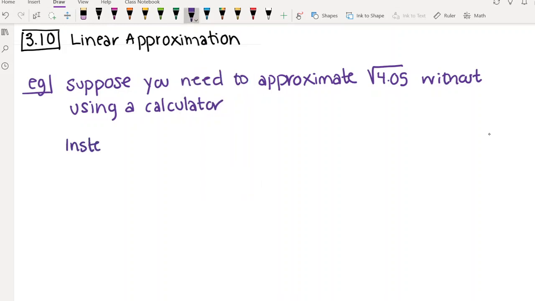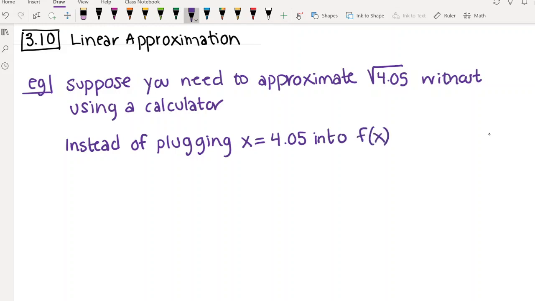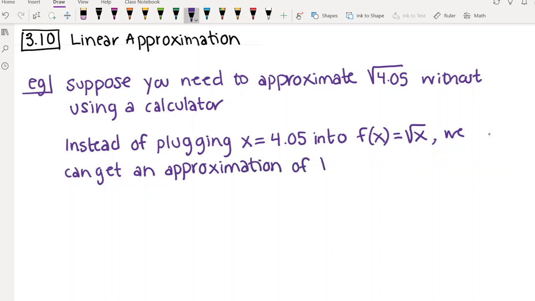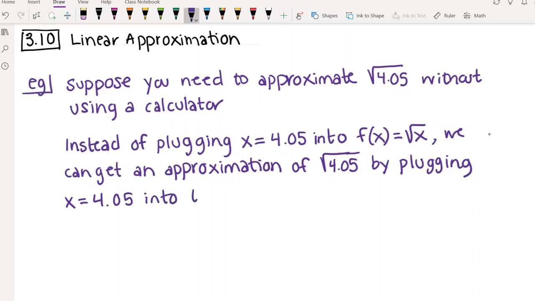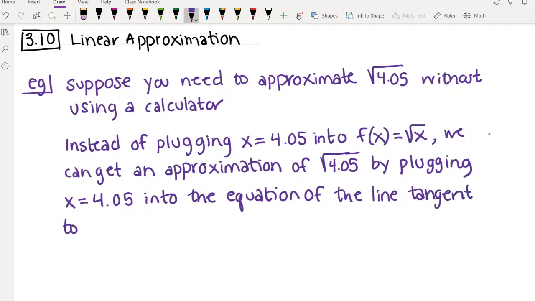So instead of plugging x is equal to 4.05 into the function f of x is equal to square root of x, because that's one way to think about taking the square root of 4.05, we can get an approximation of square root of 4.05 by plugging x is equal to 4.05 into the equation of the line tangent to f of x is equal to square root of x at x is equal to 4.